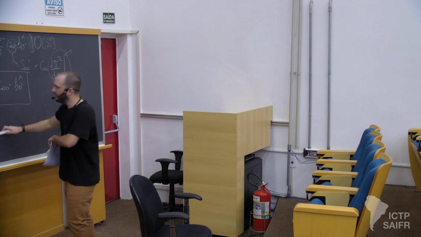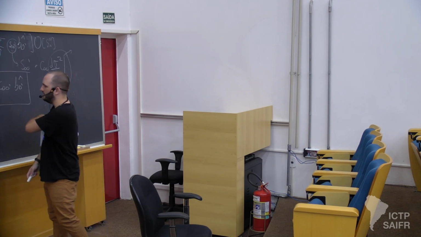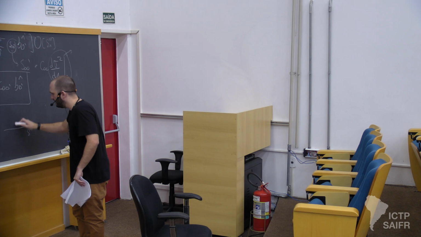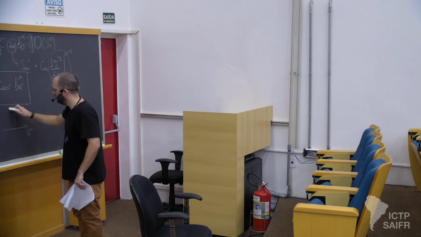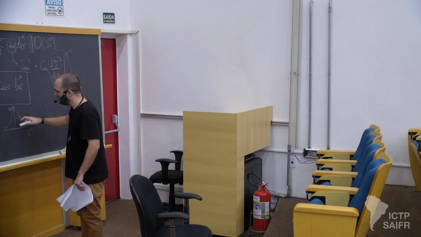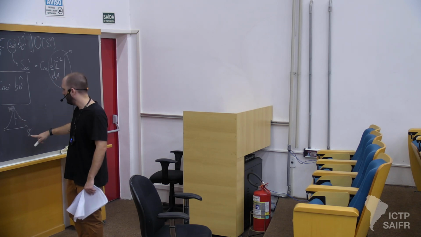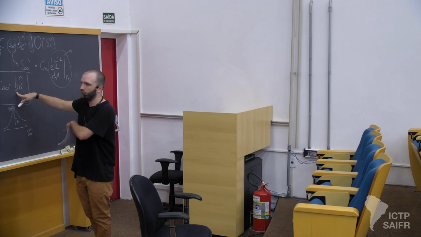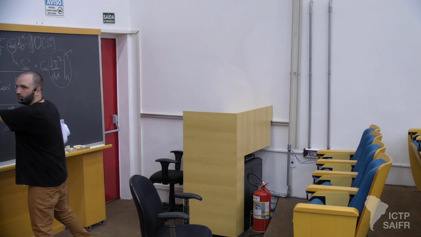The fact that this depends on d sigma d lambda tells me that the bigger the variance is on a scale lambda, here's the PDF of delta, the more my fields will contribute to the operator O prime, O here.